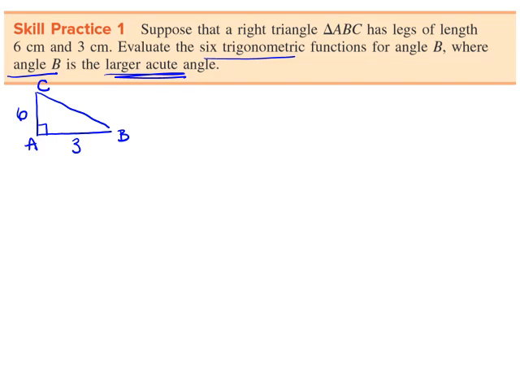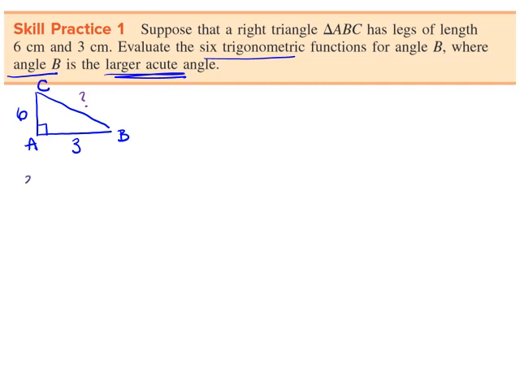Okay, so now we want to find the hypotenuse, which is this missing side here. So we're going to apply the Pythagorean theorem. If you want to pause the video and give this a try, that would be just fine.